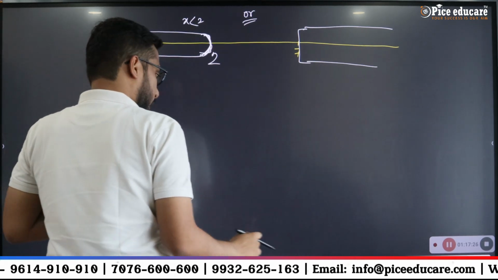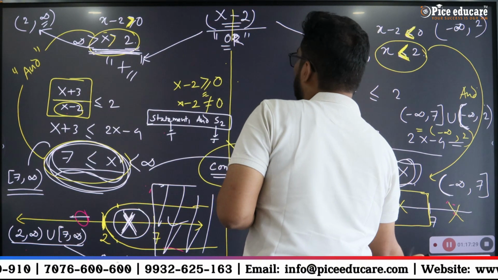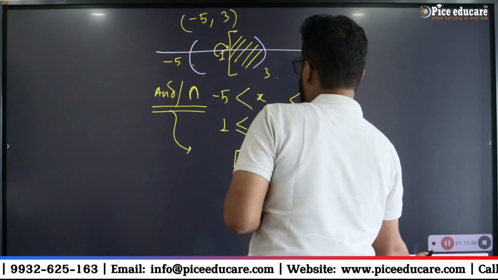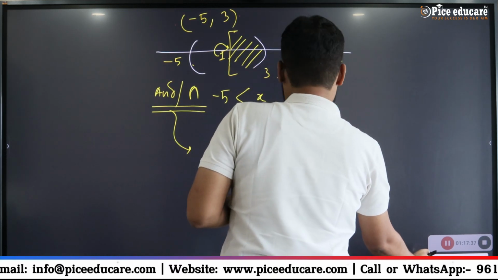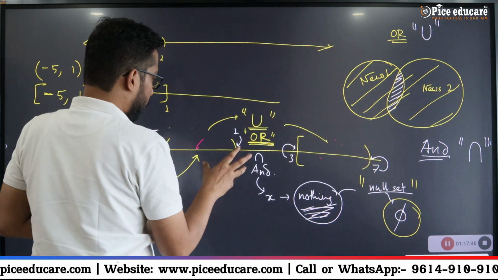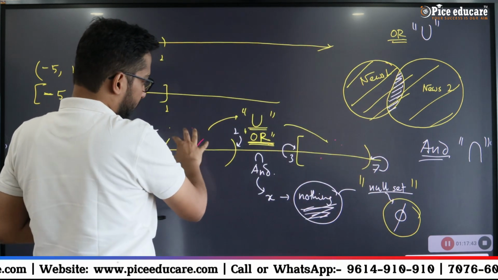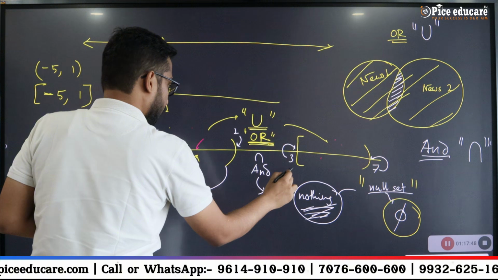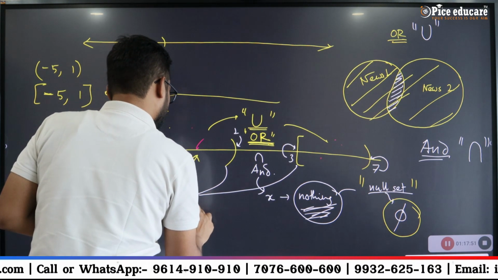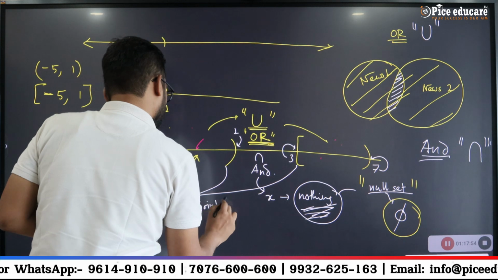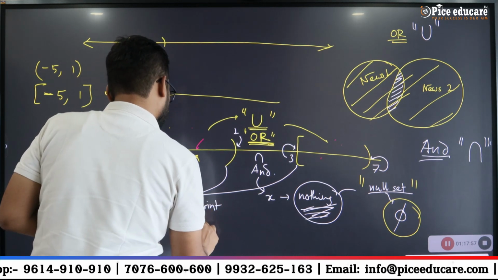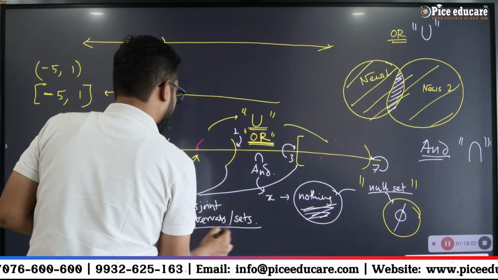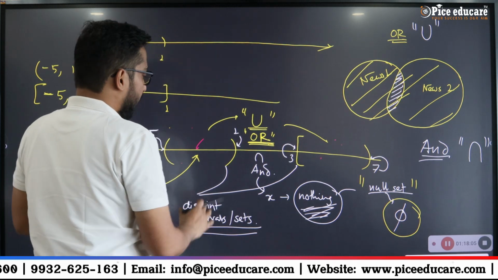If you remember, a few slides before, I talked about this situation. I told you that if your two intervals are separate, this situation is called disjoint. We say that these are disjoint intervals or sets, because intervals are nothing but sets, so they are separate.